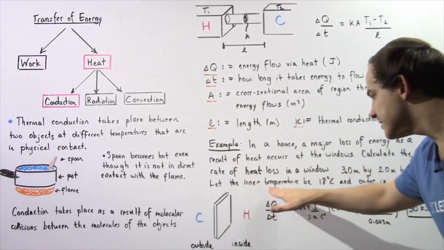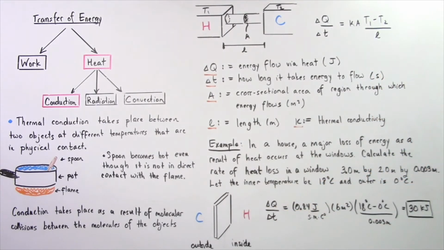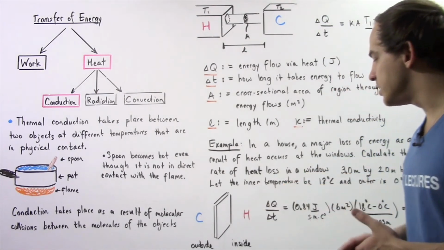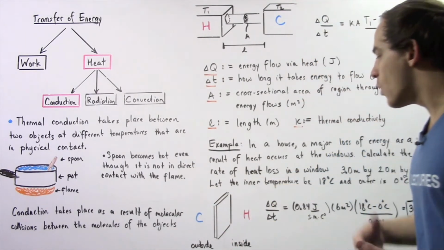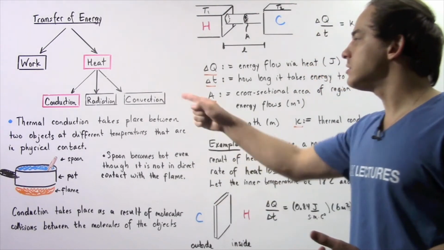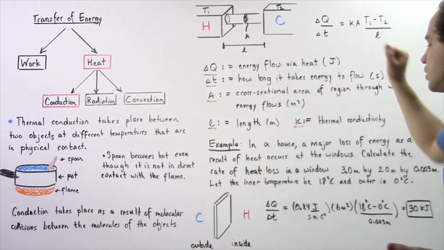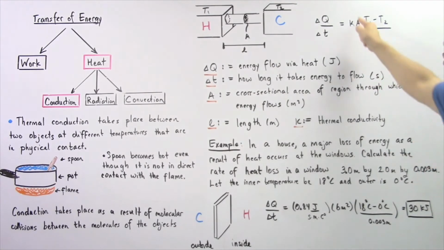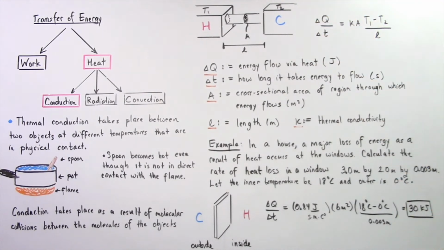Let the inner temperature be 18 degrees Celsius and let the outer temperature be 0 degrees Celsius. So here we have our window, we have the inside and we have the outside. Energy will flow from the inside to the outside as a result of thermal conduction. So we want to use this equation to calculate the rate of energy loss as a result of thermal conduction.